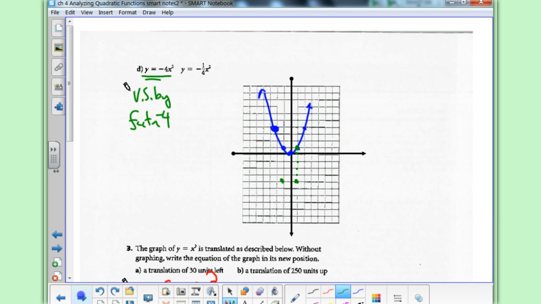Now the other one's going to be -16, but I can't draw that one, so that's going to be 4 times as tall. This is y equals -4x squared. 4 times as tall, but sad. And y equals -1/4 x squared, the green one, that's going to be vertically stretched by -1/4.